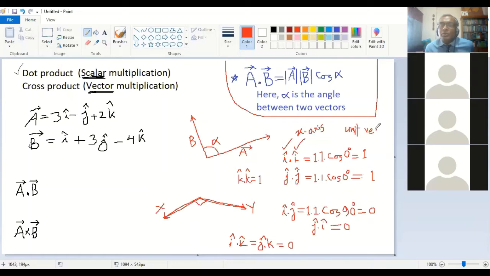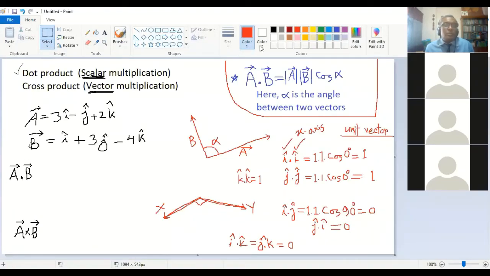So this is the understanding about unit vectors. Now we can go to A dot B. Is that okay? Up to this, the idea is clear. Yes, sir.